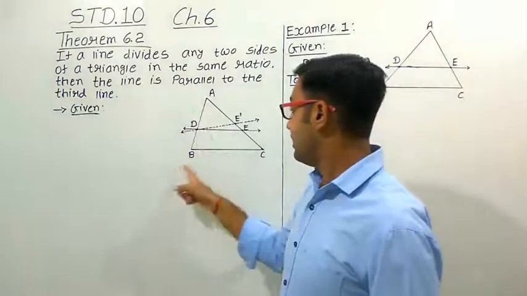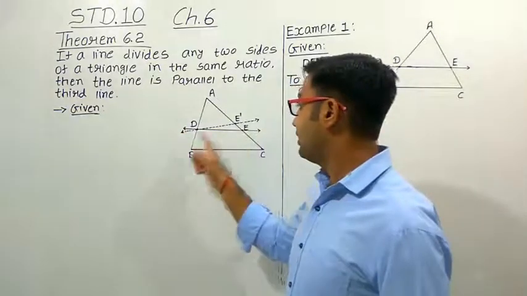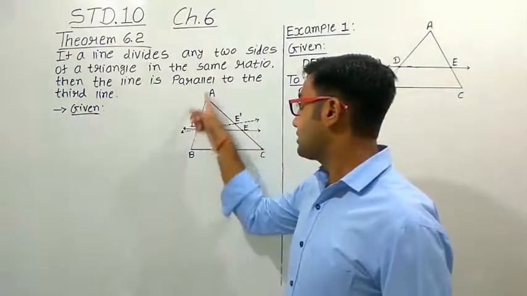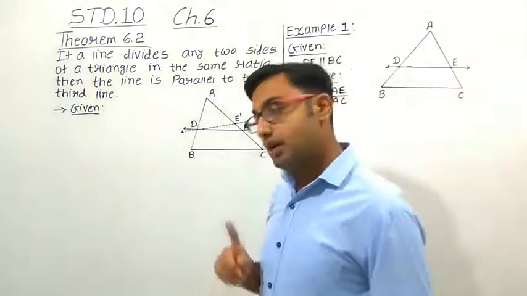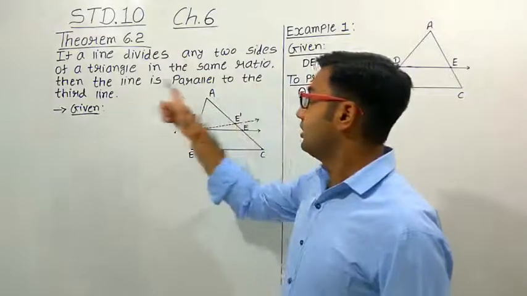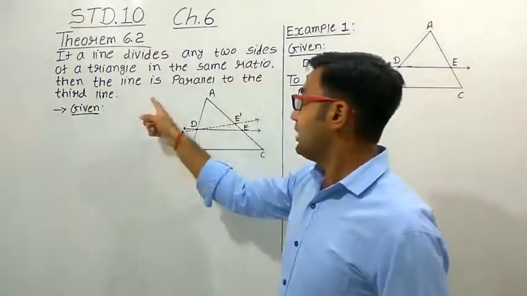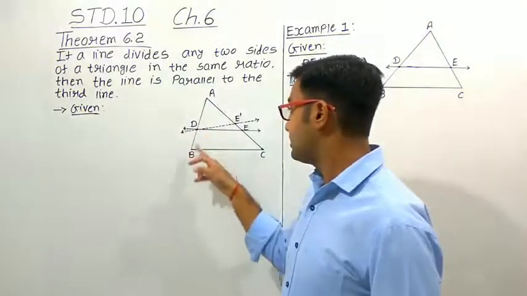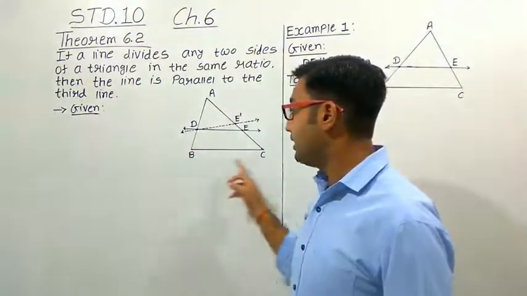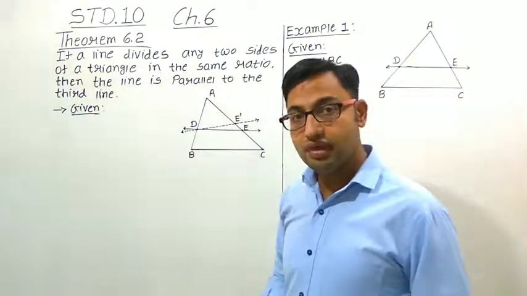Here there is a triangle ABC, and DE is the line intersecting side AB at D and AC at E. We have just said that it divides them in the same ratio. We have to prove that DE is parallel to the third side BC, right?